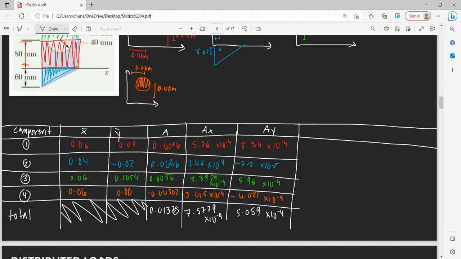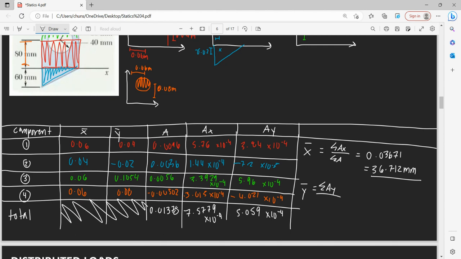So now, to find our overall centers, that was AX over our total area. So this becomes divided by 0.01378, which is 0.03671 meters, so times 1,000 is 36.712 millimeters. That's our first answer.